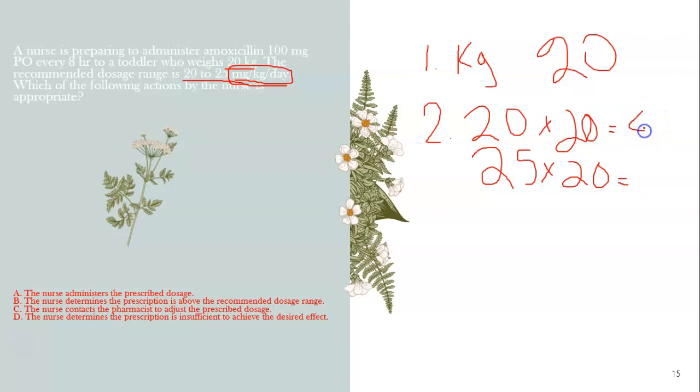And this is going to tell me when I do this on my calculator. 25 times 2 is 500. So my dose range is 400 to 500 per day. Do I need to do anything else?